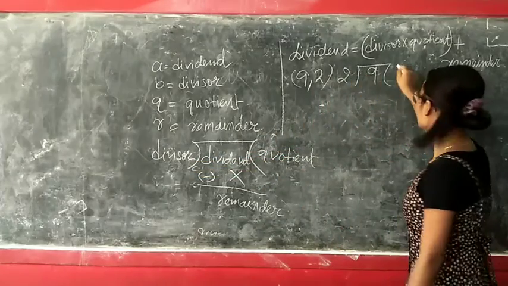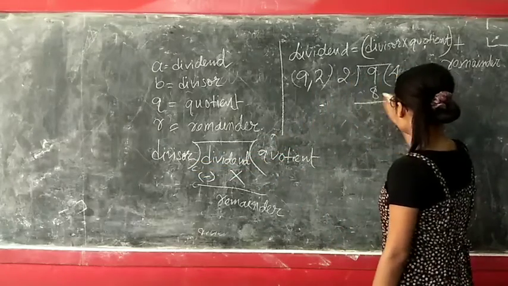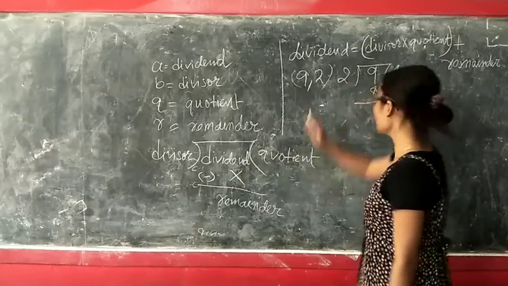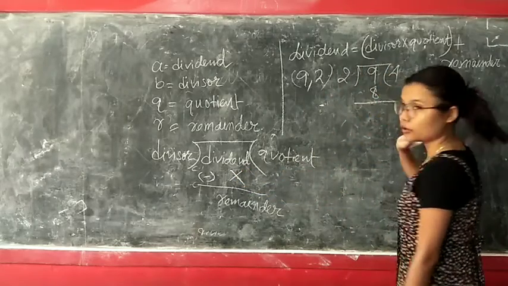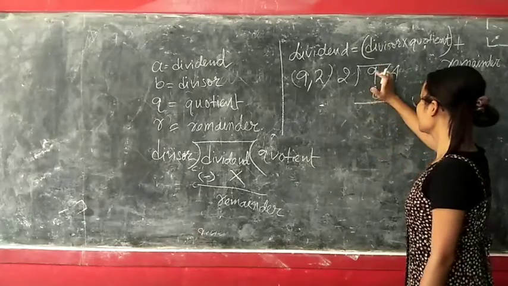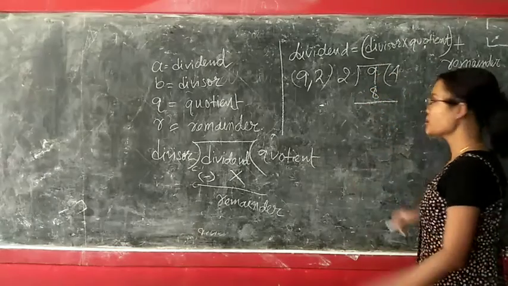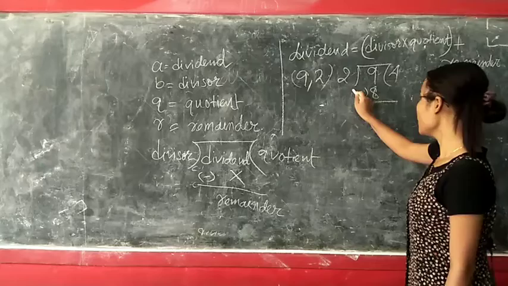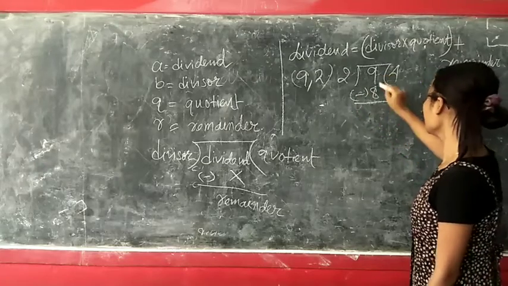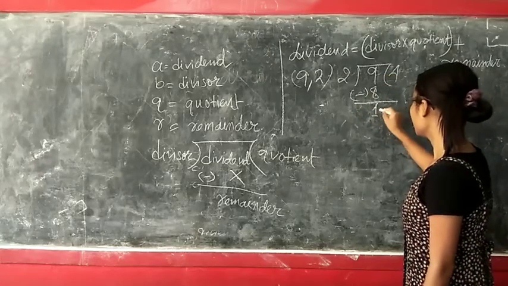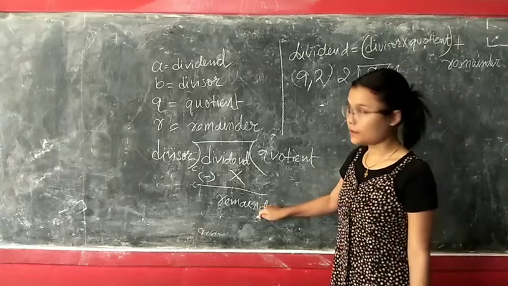We all know that 2 fours are 8. This 8 is the number x that we got by multiplying. It is not exactly equal to the dividend, but it is almost nearby to the dividend. So we do a subtraction here: 9 minus 8 equals 1. So this is the remainder.